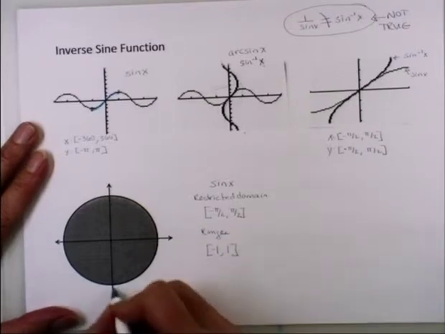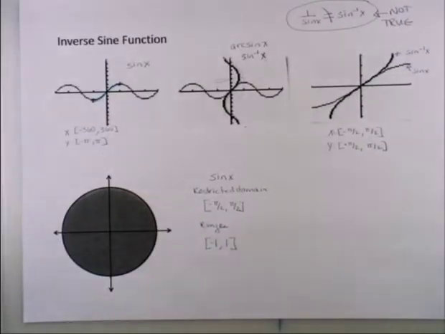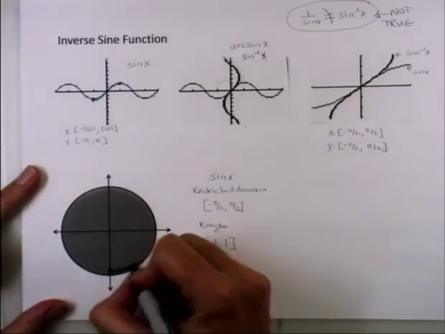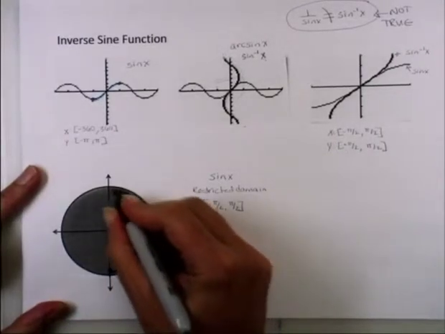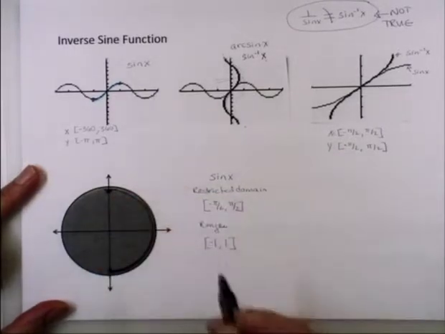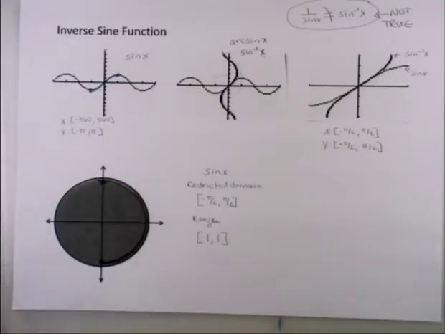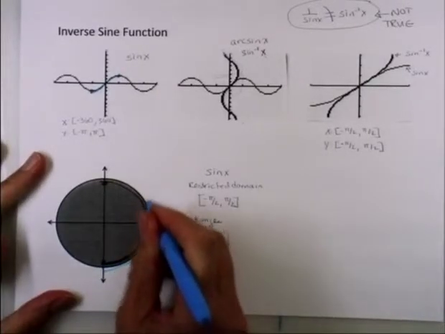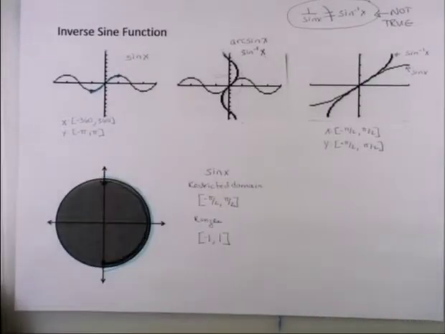So if I'm looking on my graph, I'm starting down here, and I'm going up through all the sine values, and I'm moving around the circle until I get to positive 1. So I'm going from negative 1 to positive 1. Move around the outside of the circle here. Negative 1 up to positive 1 for my range values.